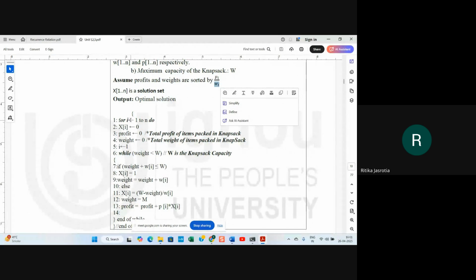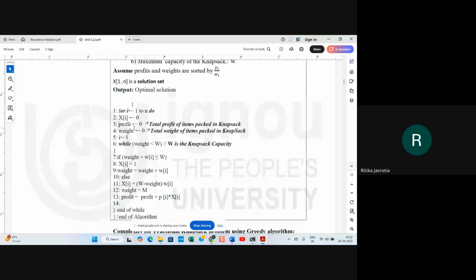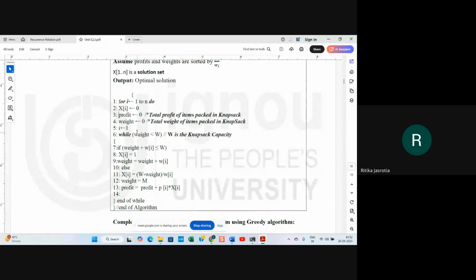For the optimal solution, for i equal to 1 to n, xi is equal to 0. So first you set xi, the elements of x, which is your solution set, to 0. The total profit of items packed in the knapsack is 0, weight is 0, so both we have set to 0. i is 1.